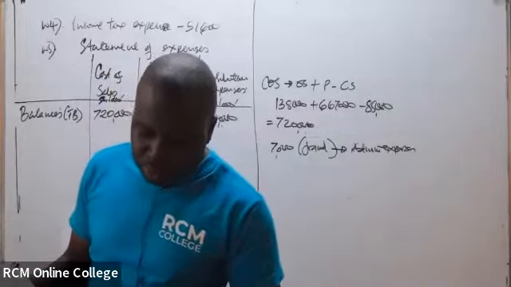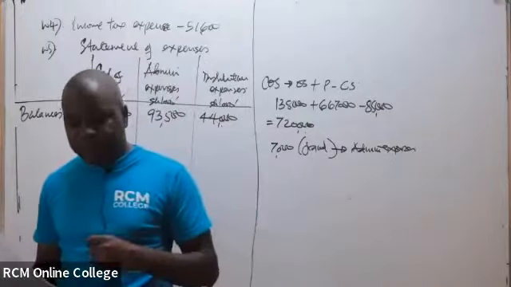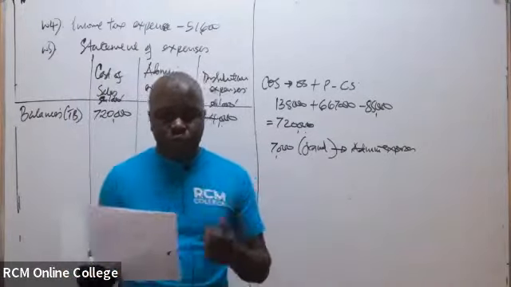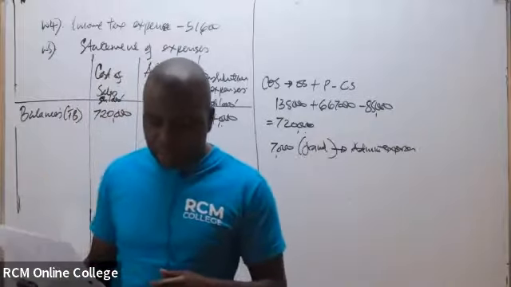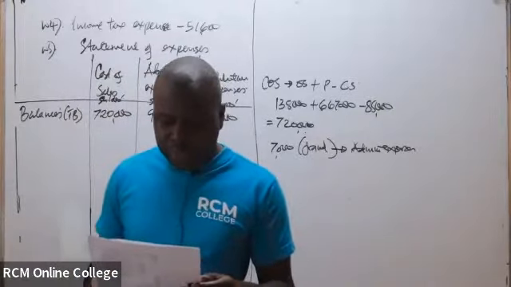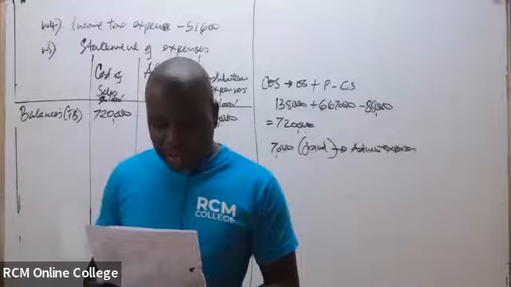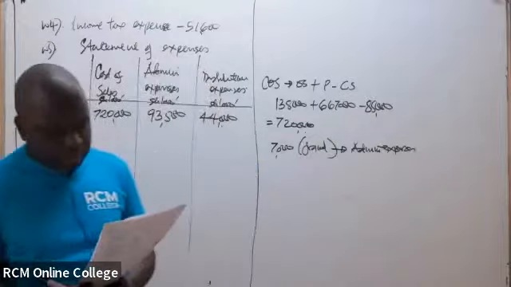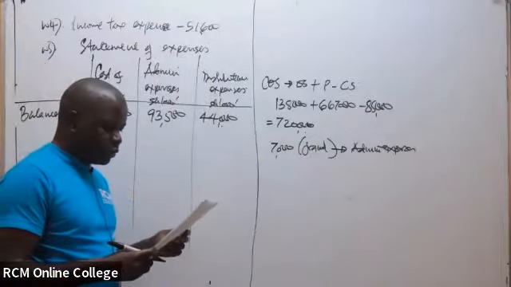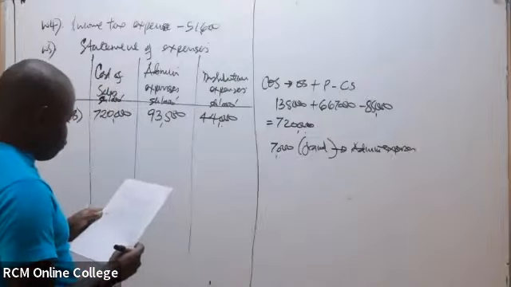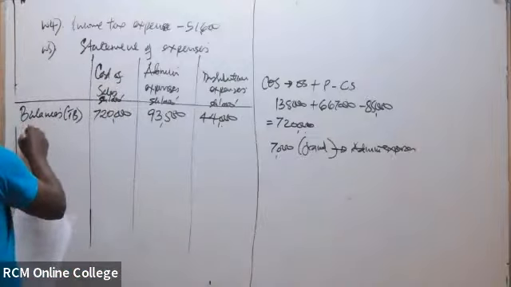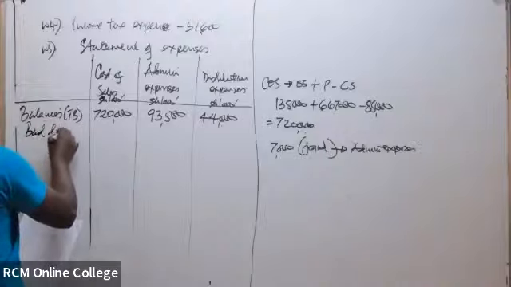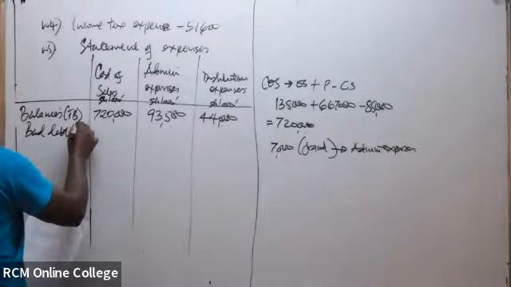But since it was by an administration staff, that was money that was actually lost. They won't be able to recover this money, so you can write it off as a bad debt, which they will not be able to recover.